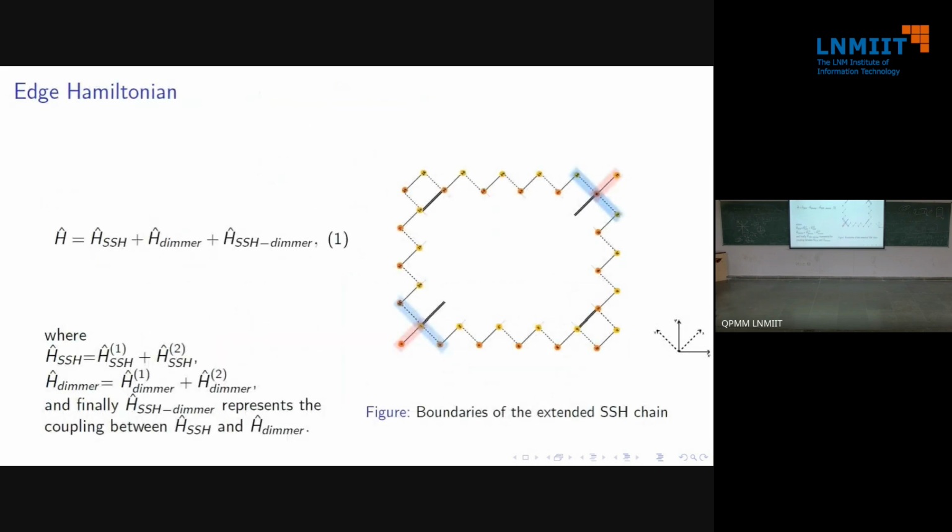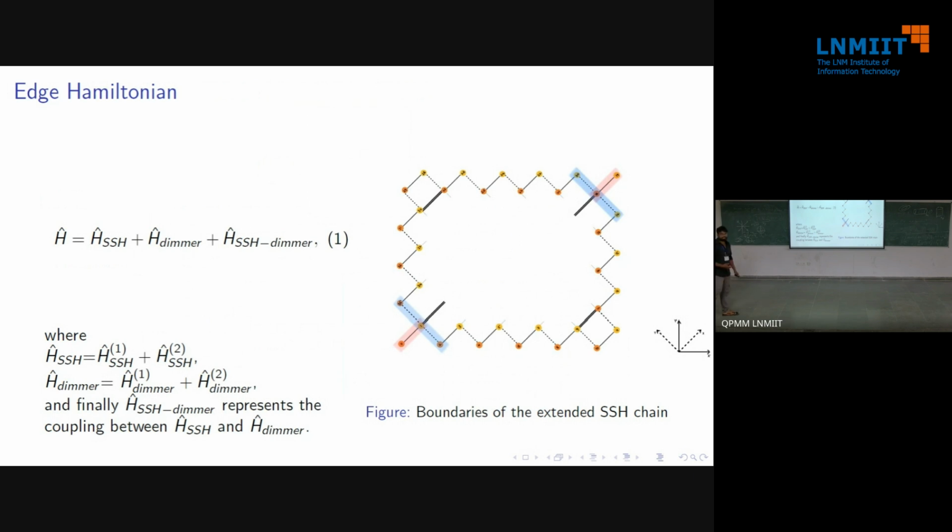So to understand, when I cut open the system in both x and y directions, it's a finite system where I have a boundary here. If I carefully look at the boundary, it is an effective SSH chain with a couple of defects. There is a defect here and a defect here.